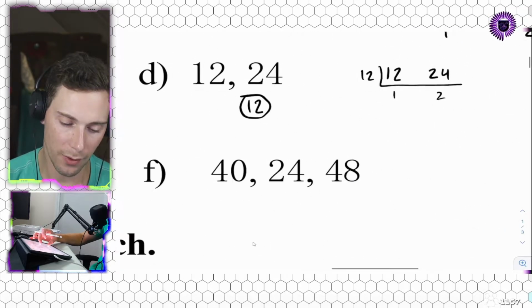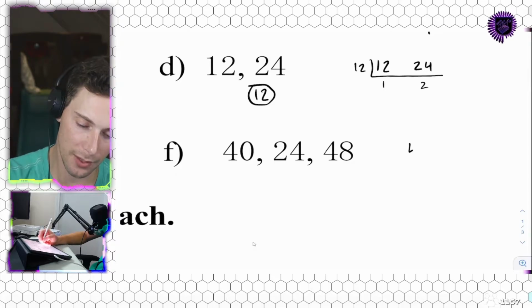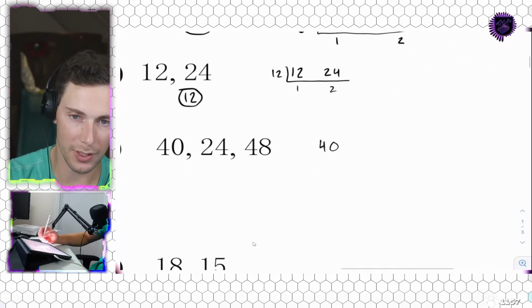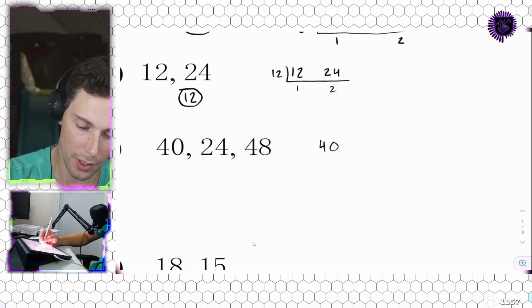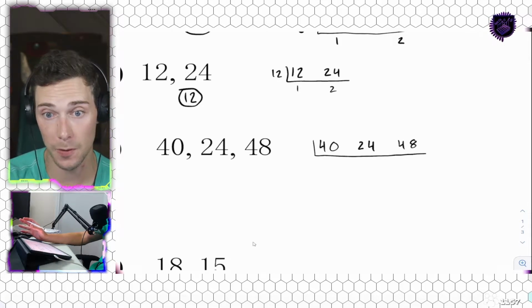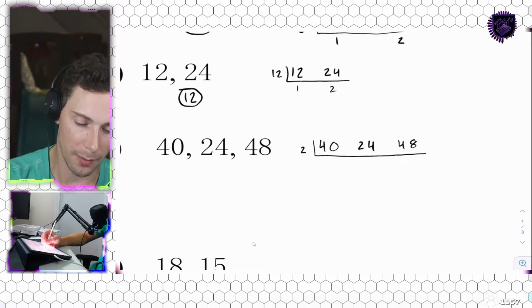40, 24, 48. This is going to be similar to the last one, I can tell already. Let's go through a different process. 40, 24, 48. Let's pretend I didn't see the relationship right off the bat. They're all even numbers, and so I can divide by 2.